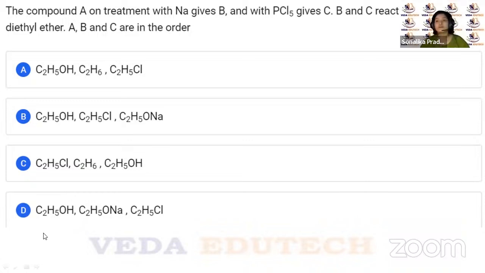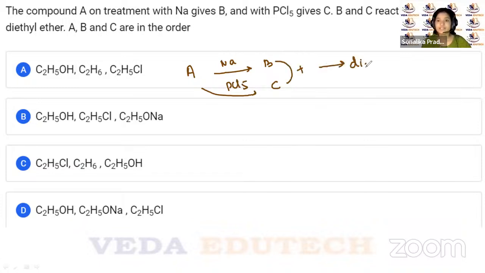Okay, children. So what is given here in this question? The compound A, if you treat it with Na, it gives you B, right? The same compound, if you treat it with PCl5, it is going to give you C. When you add B plus C, it's going to give you diethyl ether, right?